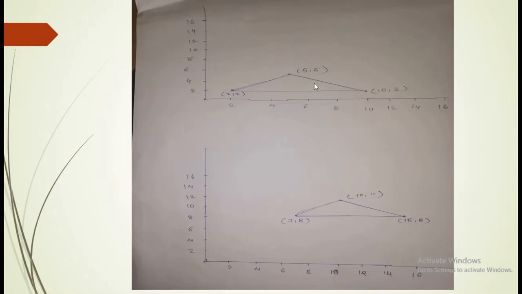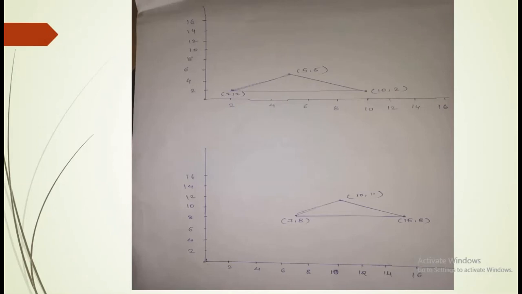This one is the original, and this one is the image after translation, and we see that the position of the image has changed, and this line is above the x-axis compared to this one. So the image is translated by using the translation transformation.